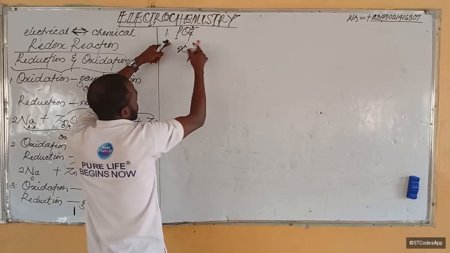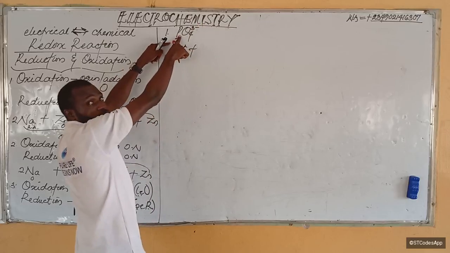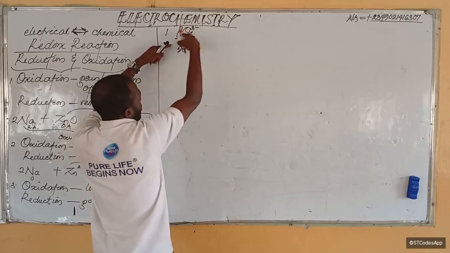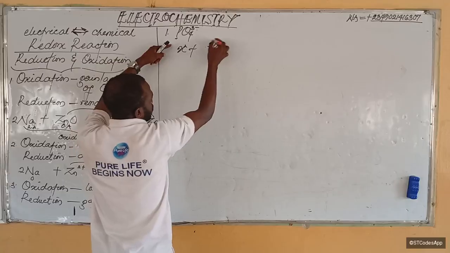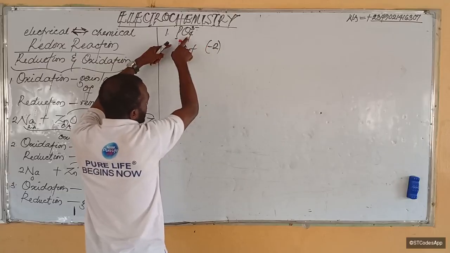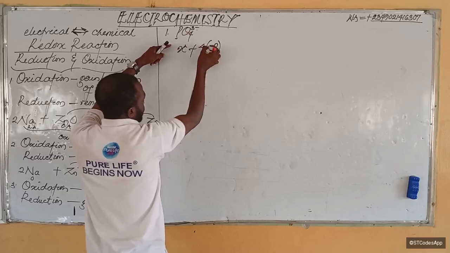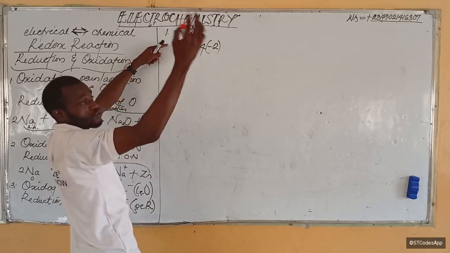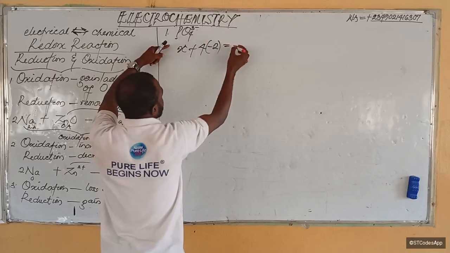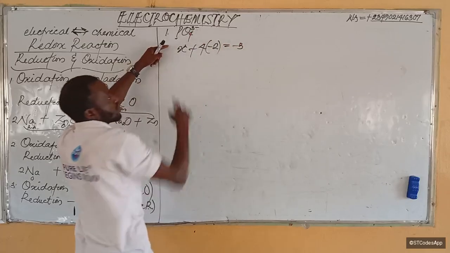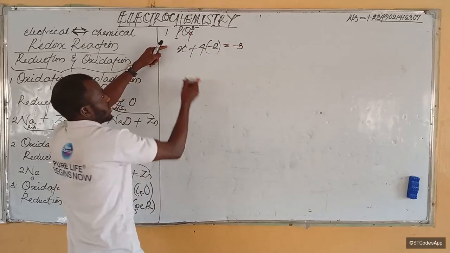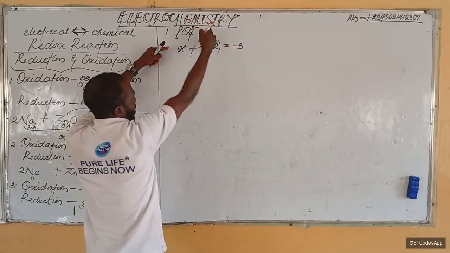So X is the phosphorus we are looking for. How about the oxygen? Oxygen usually contributes minus 2. But here there are 4 oxygens, so that will be 4 times minus 2. Each of them will contribute minus 2. Then everything should give us minus 3, the total oxidation number there. Is that clear? Now keep in mind that this is the way we write it, 3 minus, not minus 3.